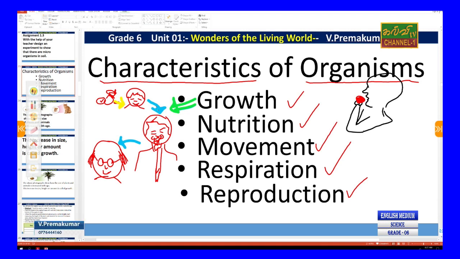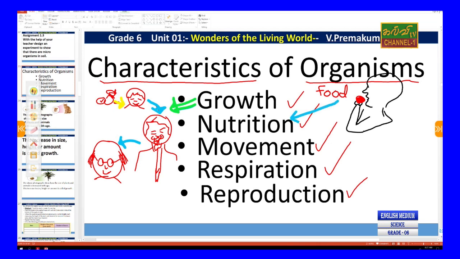That is food. So when he is taking food, we call that nutrition. So this is nutrition.